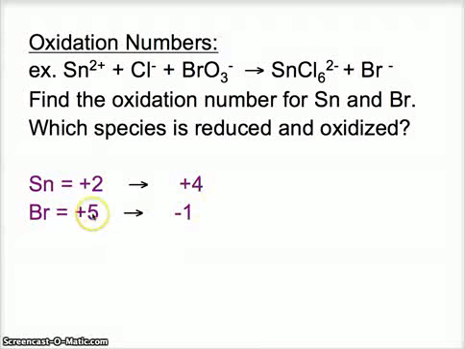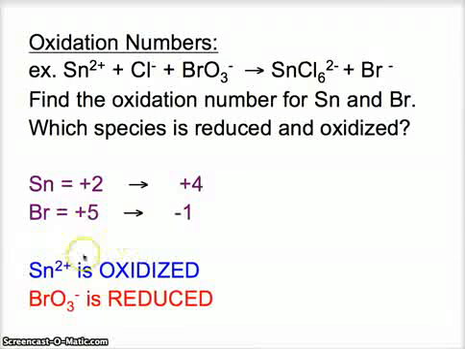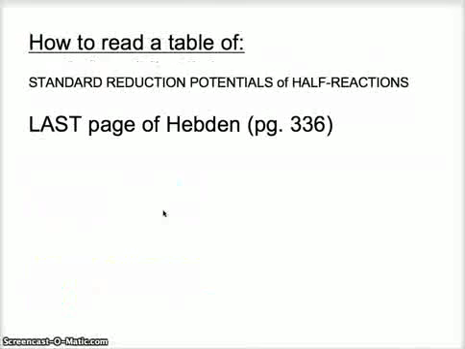In order to go from +5 to -1, we had to gain electrons. So we can say that Sn2+ is oxidized and the bromine species is reduced. The last thing I'd like to go over with you is how to read standard reduction potentials of half reactions.